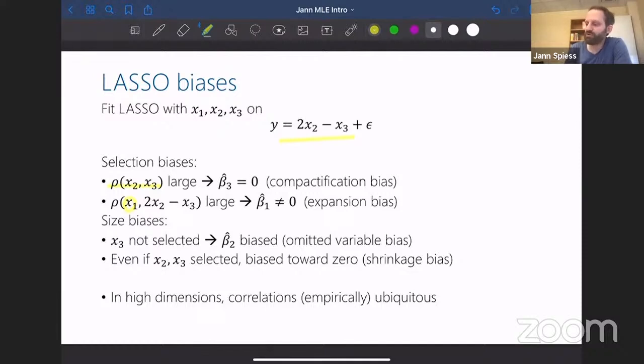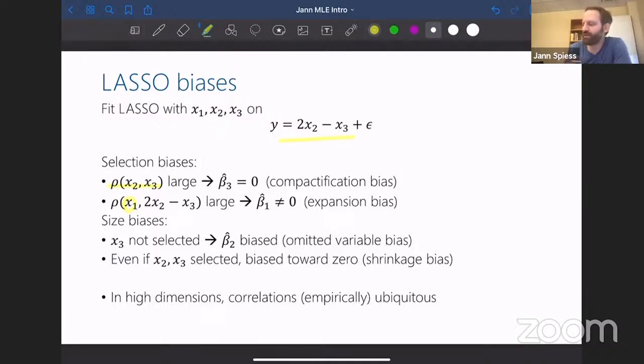The lasso may prefer to just use a single variable x1 to including both x2 and x3 in order to capture the relationship. And finally, even if a variable that is truly in there is included, it doesn't mean that there aren't also biases.